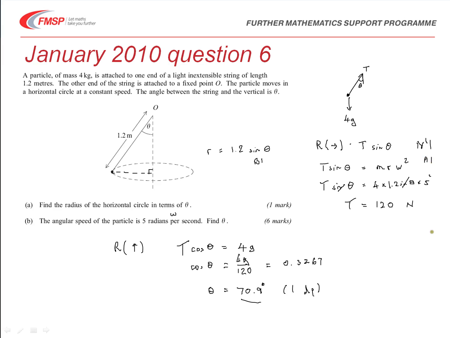Then substituting in the appropriate values and obtaining the value of T will give you an answer mark there. Resolving vertically, again, will give you a method mark for doing the resolving and an accuracy mark for what you then write down, and then obtaining the value of theta finally gives you one more accuracy answer mark there.